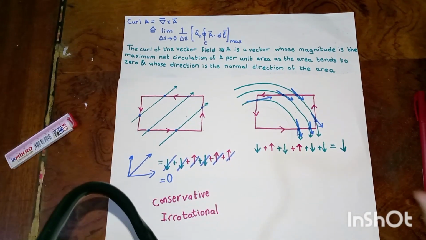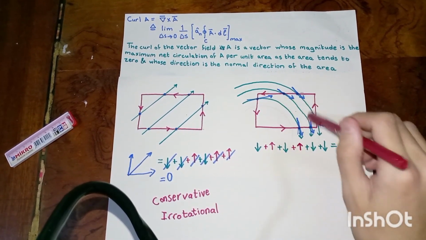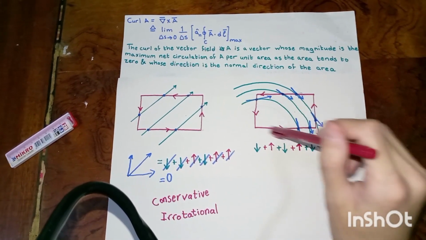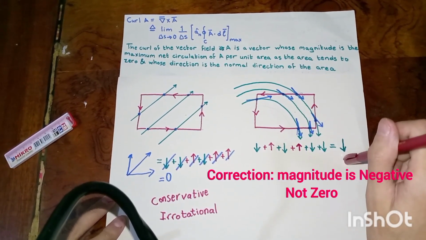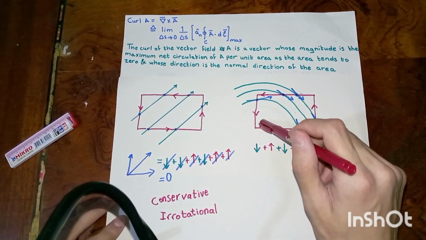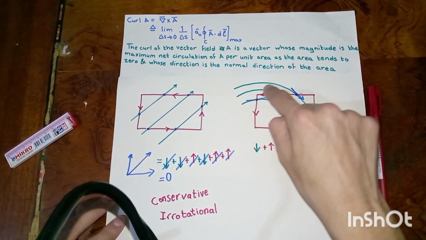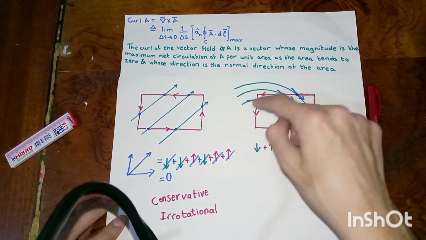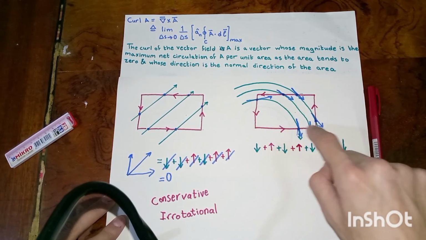summation. Now this is telling us about the net circulation of the vector field around this closed path, and as the magnitude is negative, this means that the field is circulating against the circulation in the path. As we see, the circulation in the path is counterclockwise, so the field is circulating clockwise, and it's obvious.